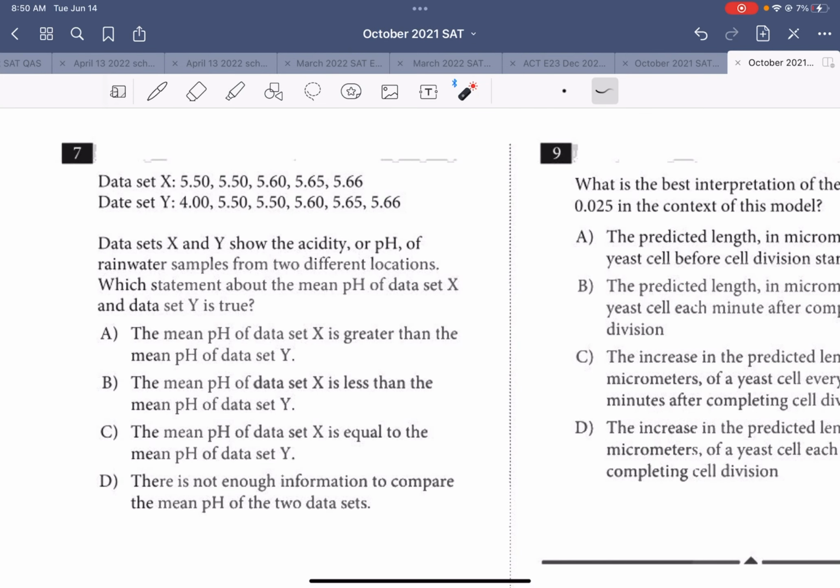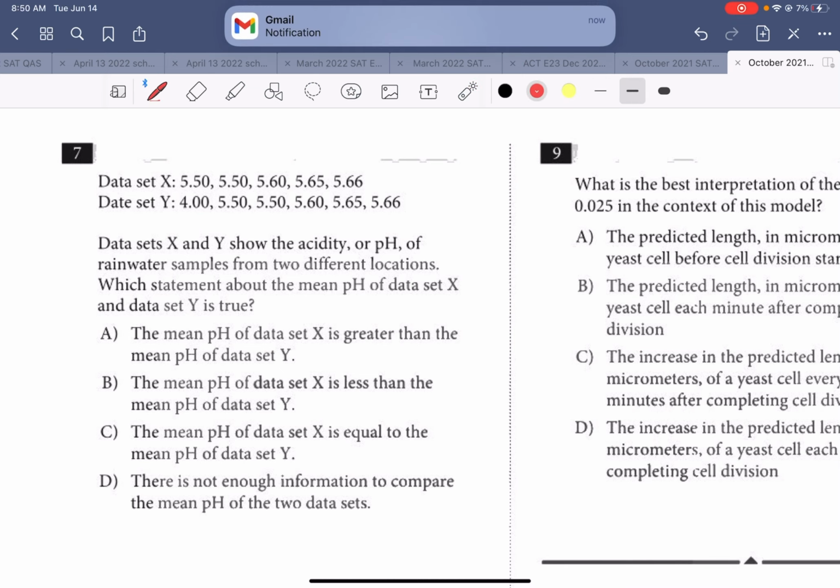Now let's move on to number 7. You have two data sets, X and Y. Data sets X and Y show the acidity, or pH, of rainwater samples from two different locations.